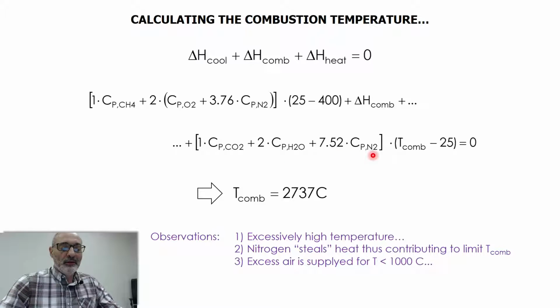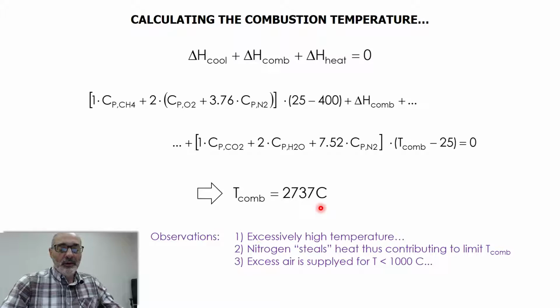Okay, everything multiplied by the delta temperature, which is the combustion temperature minus 25. When we insert all the data that we have from the previous slide, we obtain for the combustion temperature 2,737 degrees.